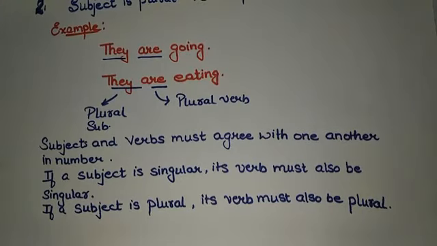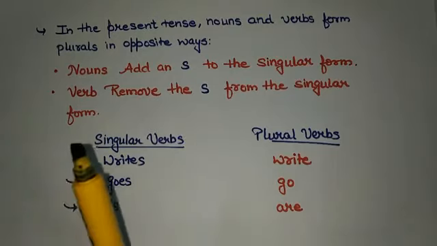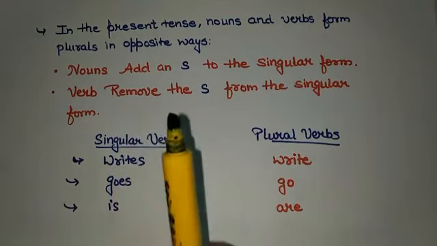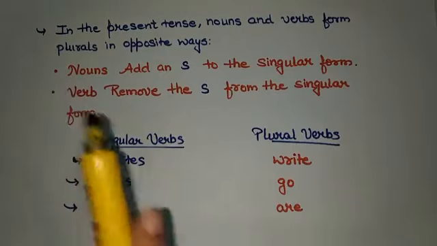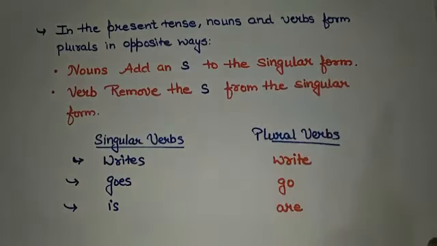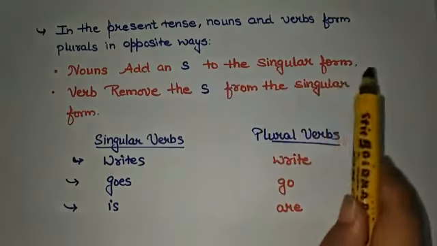Now here I want to tell you something, that in the present tense, nouns and verbs form a plural in opposite ways. Many of you know that generally by adding s or es we make plurals, right? But that is not going to work in the case of verbs. Nouns add s or es to the singular form to make them plural, but verbs remove the s from a singular form.